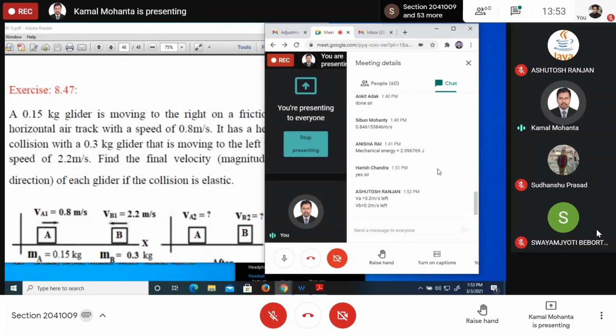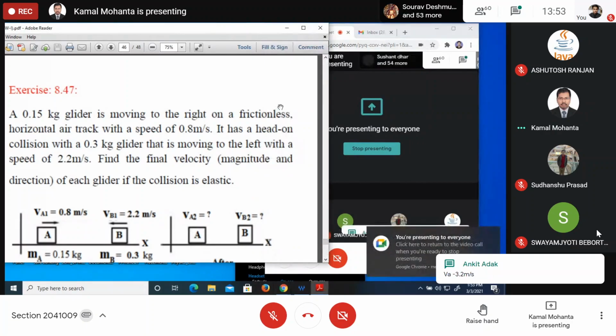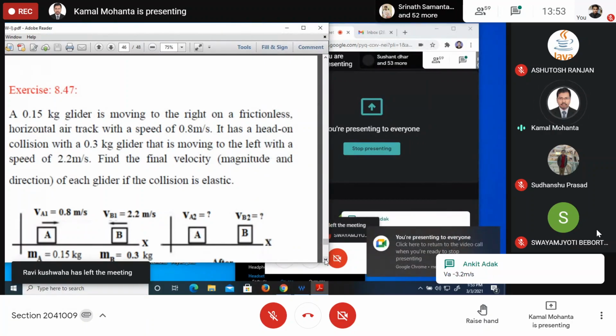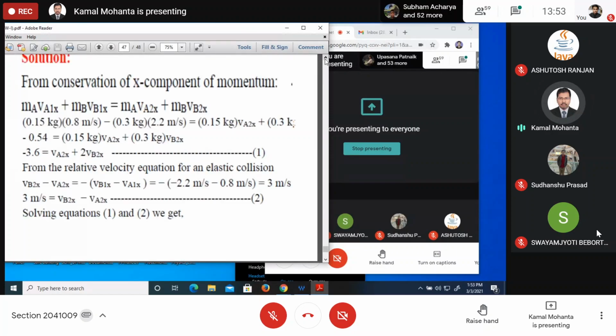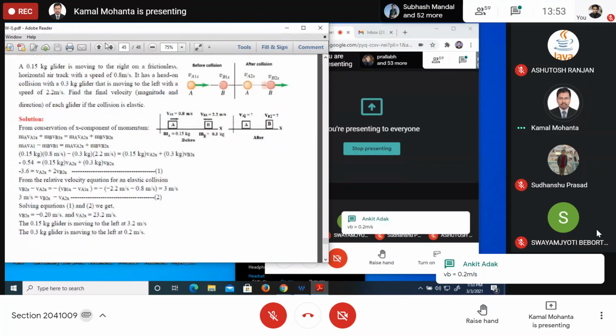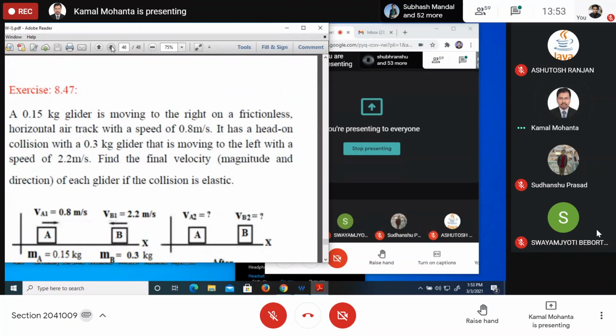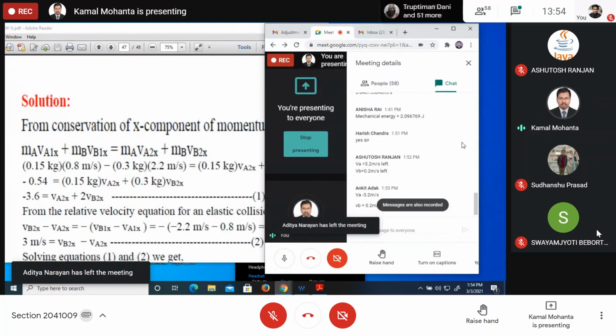Who has told minus 1.2 meter per second? Sir, I am checking that again. Okay, good. Do it. Check it. What result is coming, I have to check it. 3.2 and 0.2, this is the correct one. Whatever Asutosh has done, this is correct.